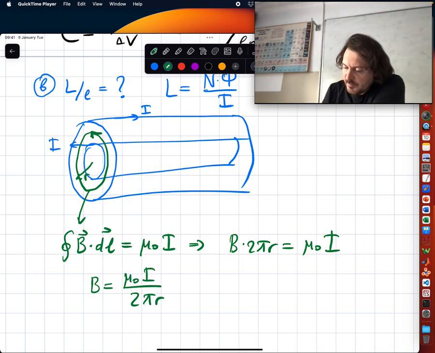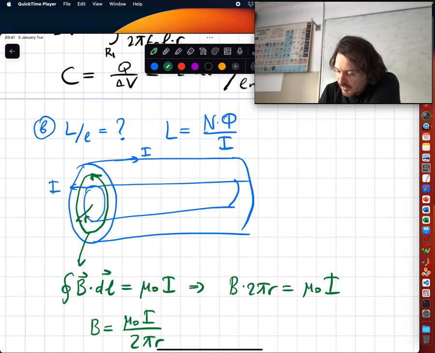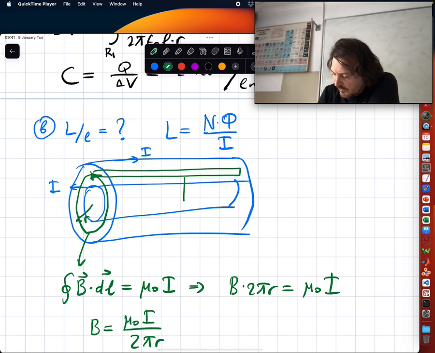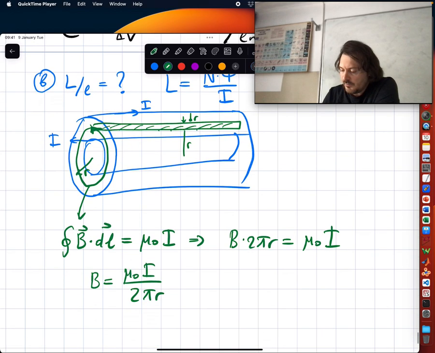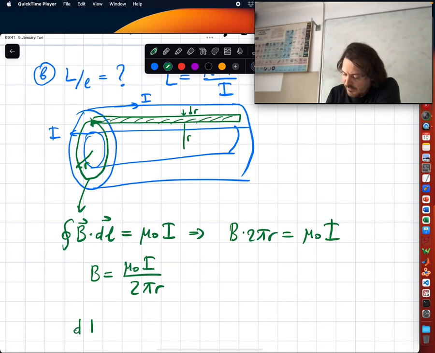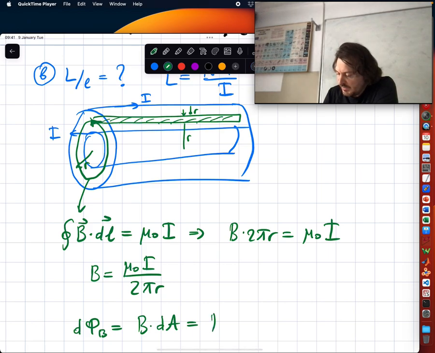How about the flux? The flux will depend on this area that is perpendicular to this magnetic field. So at a distance r, you have this dr, and we are going to integrate that flux area. Do you understand this? So we have d phi B is equal to B times dA, which is B times L times dr. Is that right?